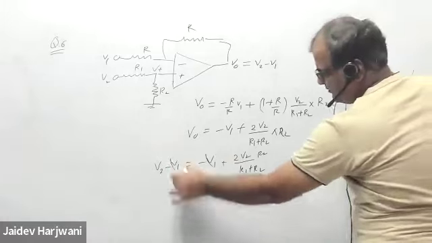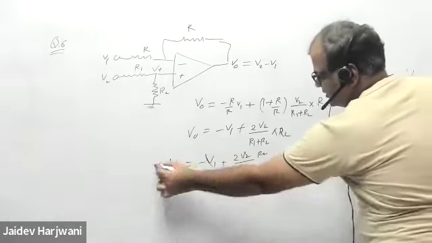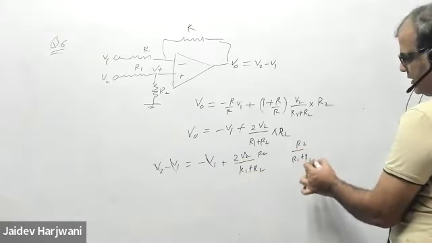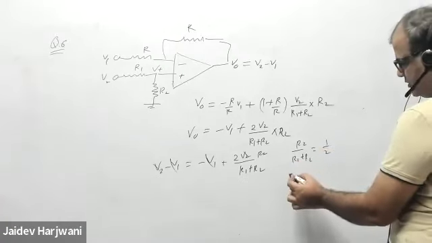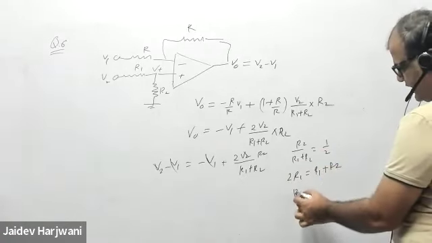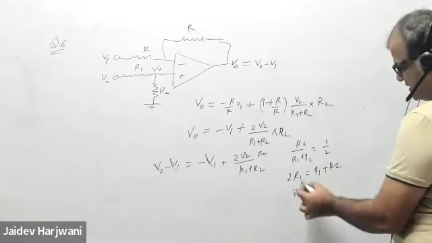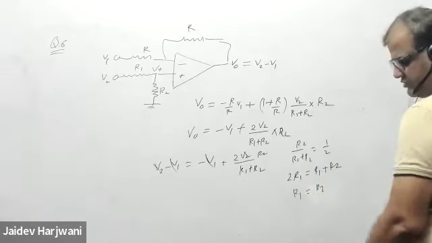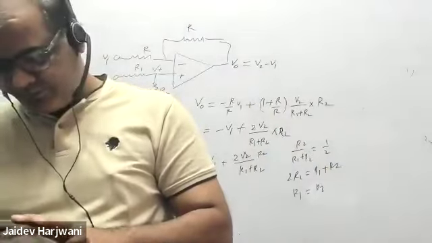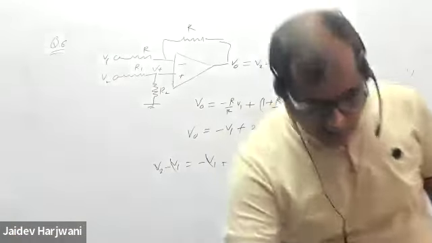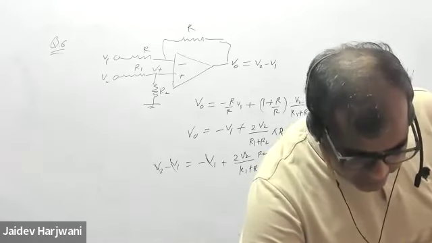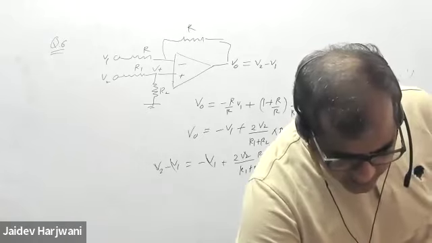V2 is cancelled, so basically R2 by R1 plus R2 should be 1 by 2. So this is 2R2 equals R1 plus R2, so R1 is R2. The ratio is 1. Is there any option? Option A. Yes. Let us check. Question number 6, option A is correct.